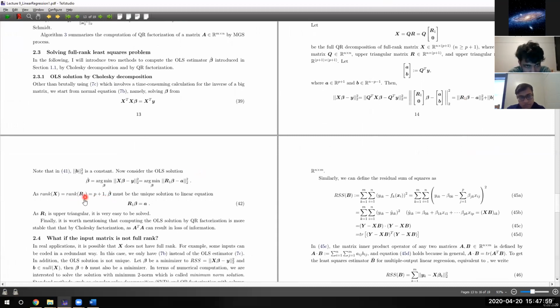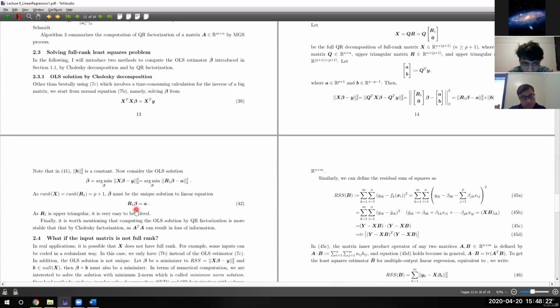Be careful that here R1 is a square matrix. This means, of course, R1 is invertible. So you must have a solution, which is simply beta equals R1 inverse times A. See it? And hence, you can directly solve for beta.